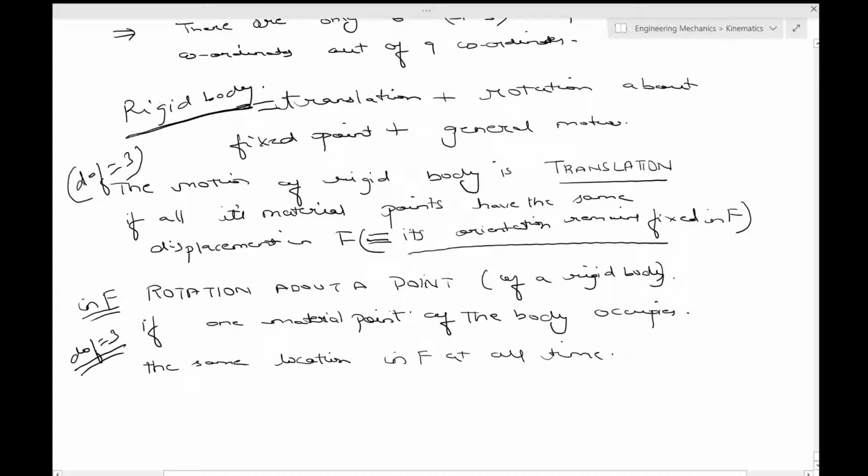Take your pen, hold it at one end, and then first try to rotate it in the xy plane, then try to rotate it in the xz plane, and then in the yz plane. So you can have this rotation about a point which is your fixed point. Which material point of the body occupies the same location?